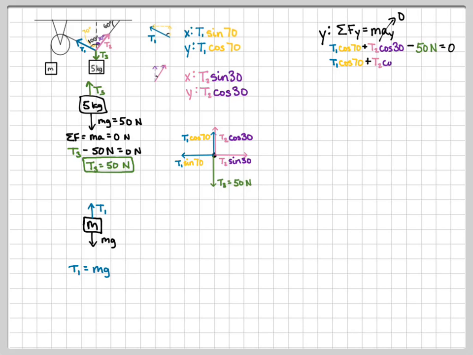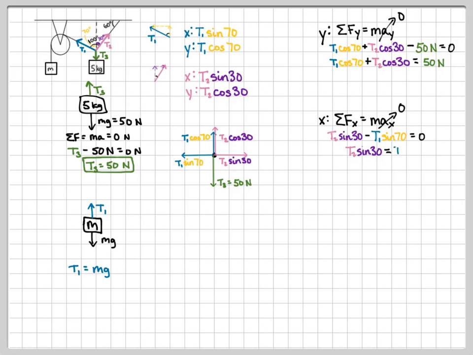So just make this a little prettier. T1 cosine 70 plus T2 cosine 30 is equal to 50 newtons. That's all I can do with the y. Now let's look at the x. So once again, the sum of the forces is equal to ma is equal to 0. So T2 sine 30 to the right minus T1 sine 70 to the left is equal to 0.